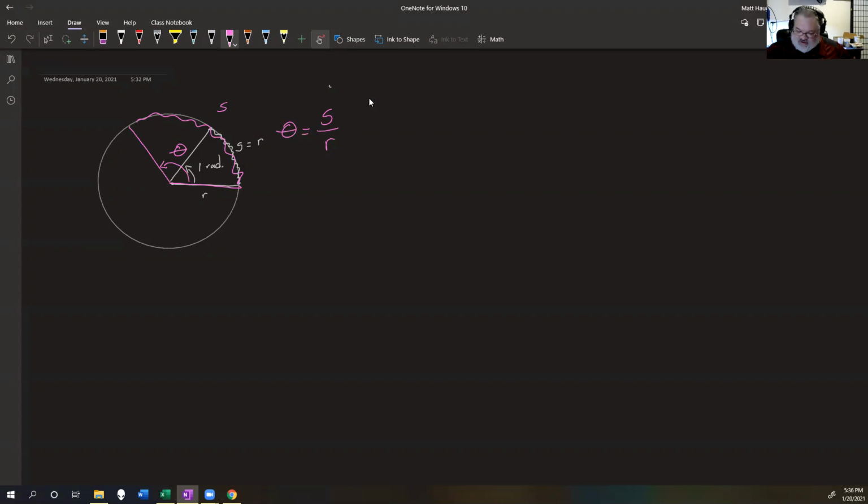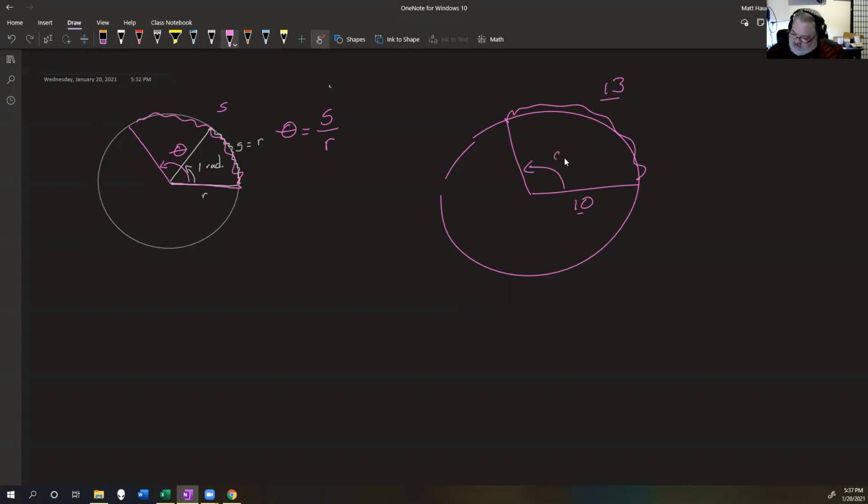Say the arc length is 13 and the radial length is 10, then this angle is defined by that ratio between how much arc length is produced in a circle of what radius. Right?